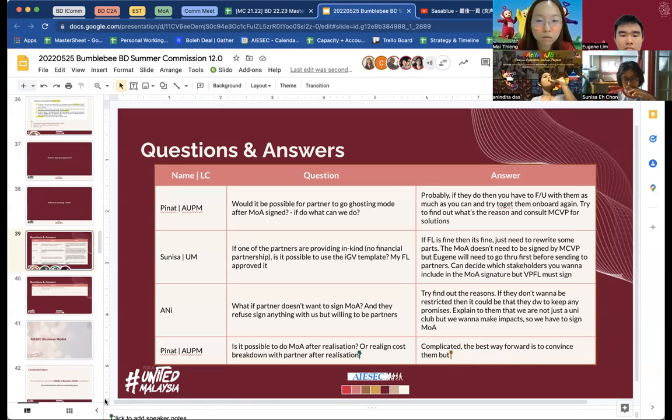We're just going to pay you 200 ringgit," we're not a shop where we just give them products. So I wouldn't recommend doing that. Sign an MOA before, since that establishes your relationship with the partner already. Hope that answers the question.